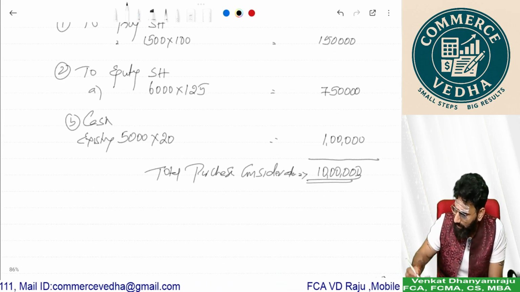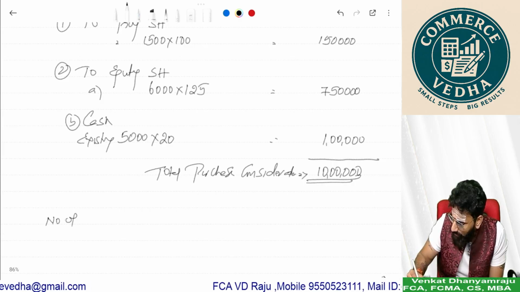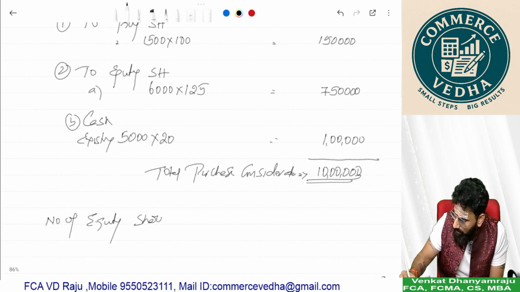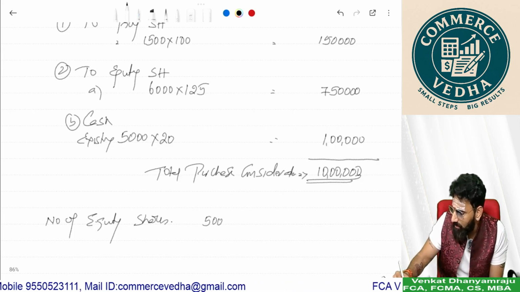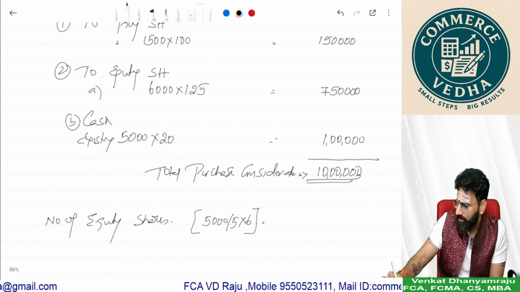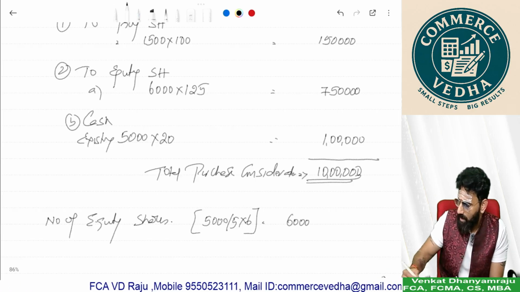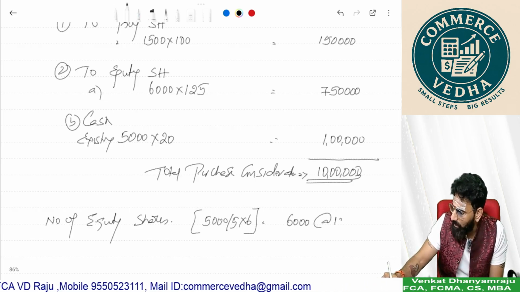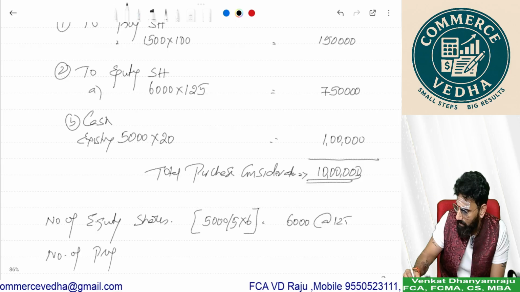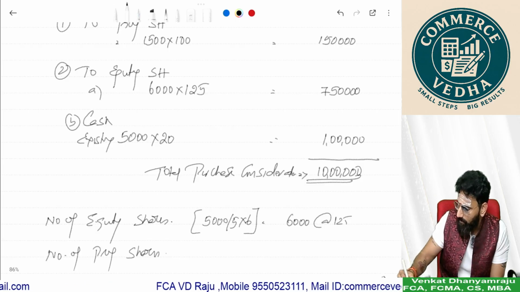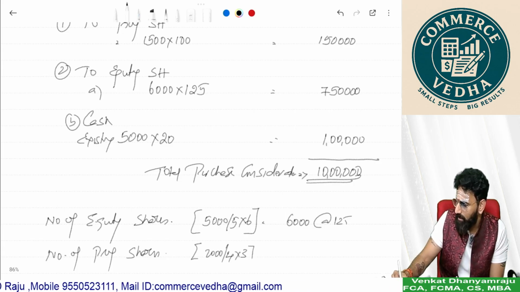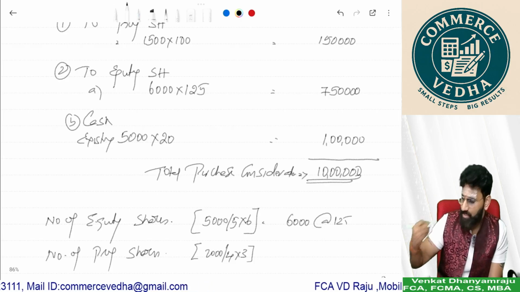Now, why and how did I identify it as the net payments method? Because here the number of equity shares is existing shares by 5 into 6. So every 5 shares, 6 shares, and the price at 125. And the number of preference shares is existing shares by 4 into 3. It is 3 for every 4 existing shares.